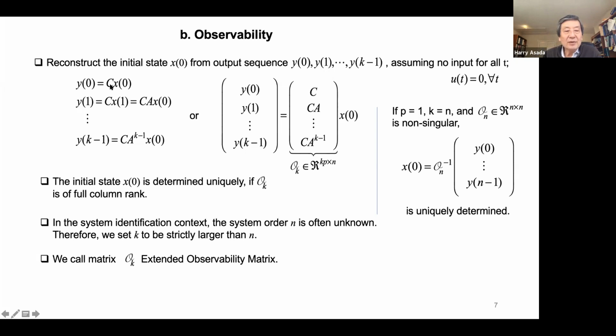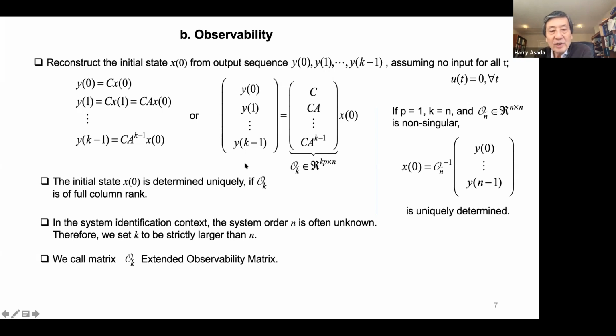So you can write out the output equations, and let's assume the input is kept at 0 to make the expression simpler. y_0 equals C x_0, y_1 equals C A x_0, and so on. So x_0 is involved in all of these. If we put the y's together into a vector like this, x_0 is multiplied to each of these, and writing all of these collectively, we get this expression.